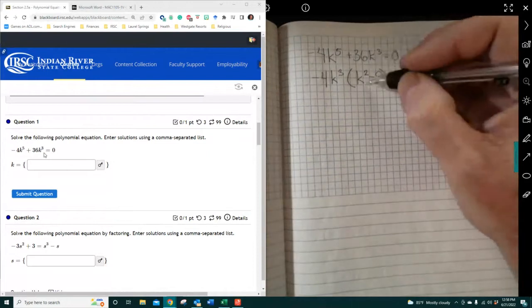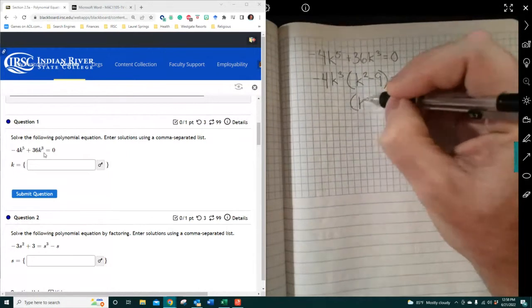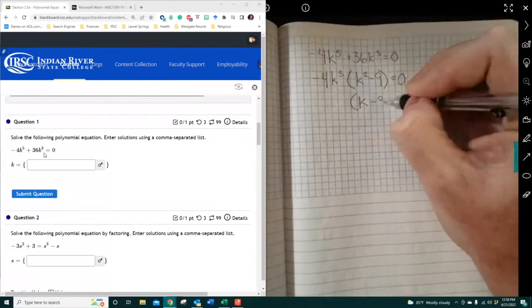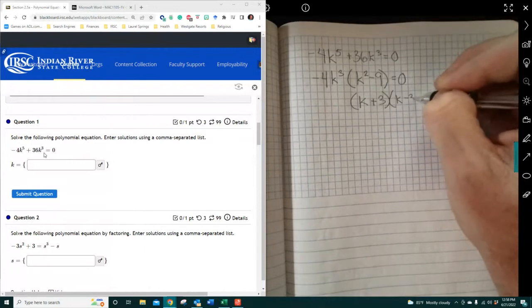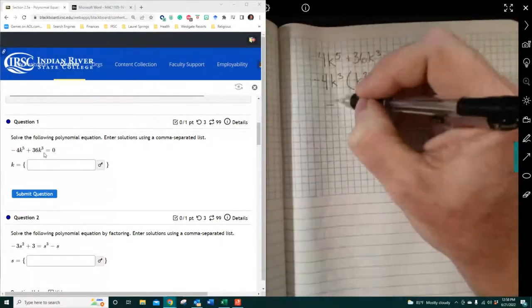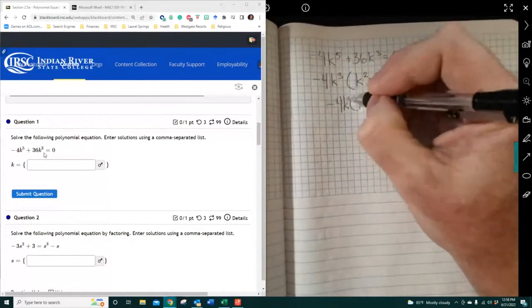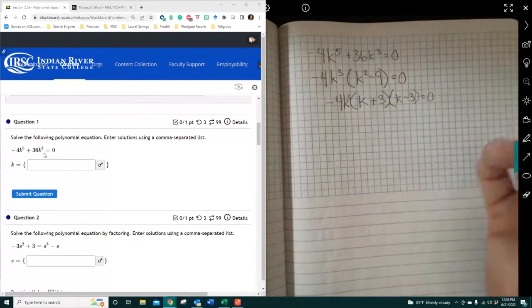Now, when I look at this, I can see that this is a difference of 2 squares. And when I have the difference of 2 squares, I'm going to go ahead and get this. And then, of course, I'm still left with this over here. What I do is set each factor equal to 0.